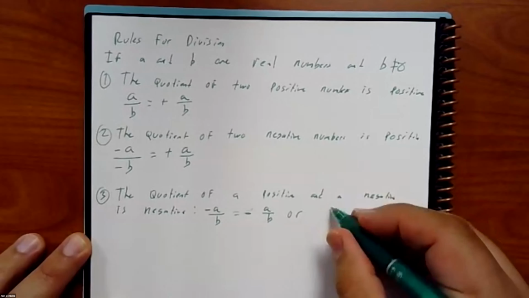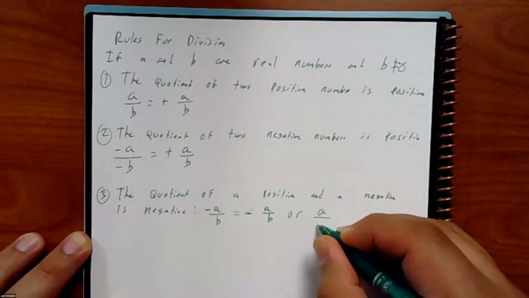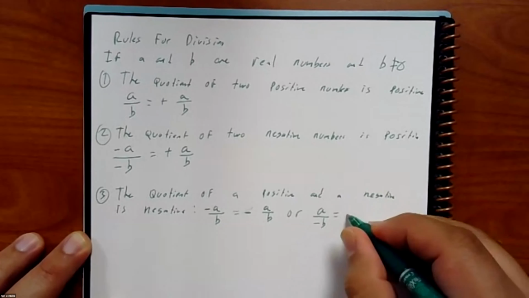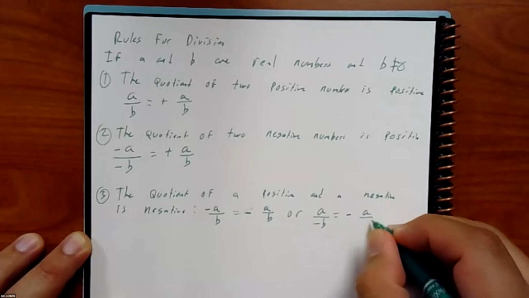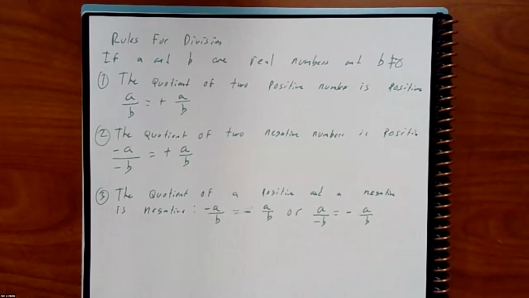Or A divided by negative B is equal to negative A over B. That makes sense. You can put the sign technically on the top, and bottom, and in the front. It's all the same. But if it's on both, positive.